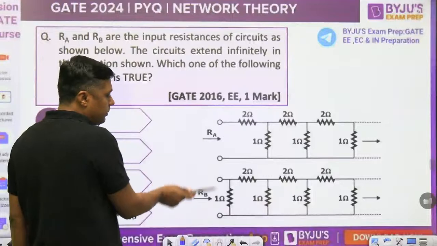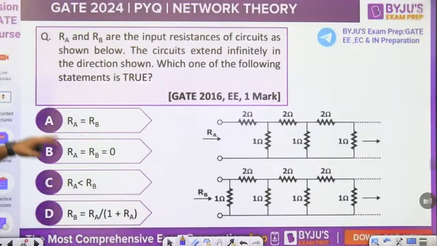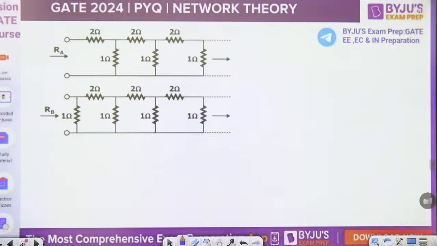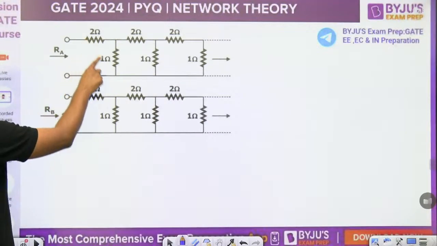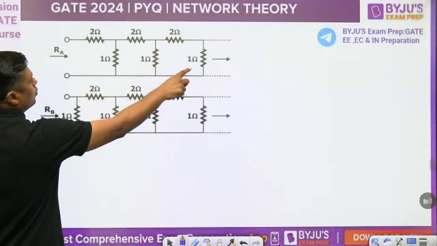So what is the relation between RA and RB? RA is equal to RB, RA is equal to RB is equal to 0, RA less than RB, or RA is equal to. Now, watch both the diagrams carefully. Here we are having one extra resistor, 1 ohm. Otherwise, everything is the same: 2, 1, 2, 1, 2, 1.